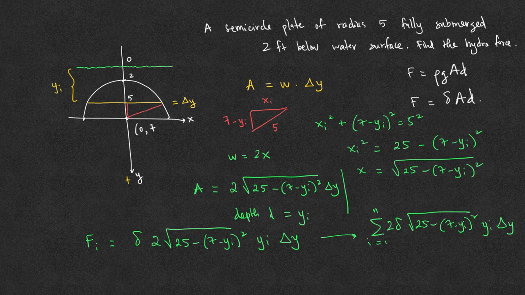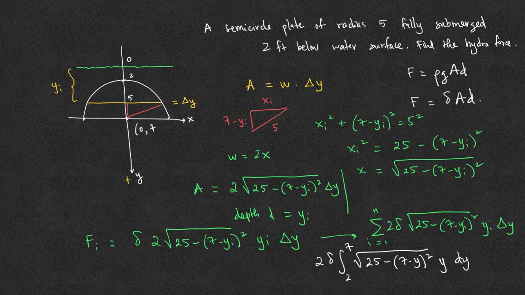For the integral, we would integrate this. 2 is a constant factor, so we can put it in front of the integral, so is the density. The square root of 25 minus (7 minus y) squared, y outside of the radical, and then dy. We only add up the slices where the plate is, which is from 2 to 7.